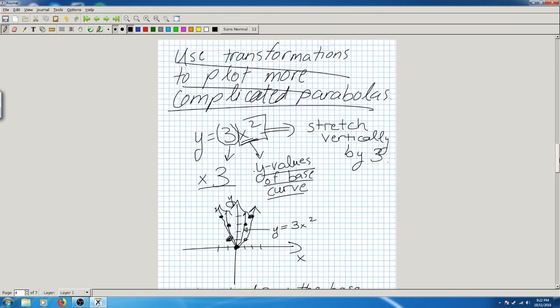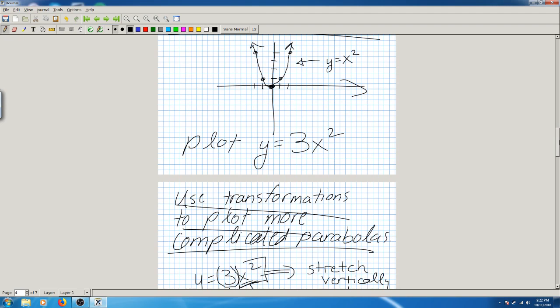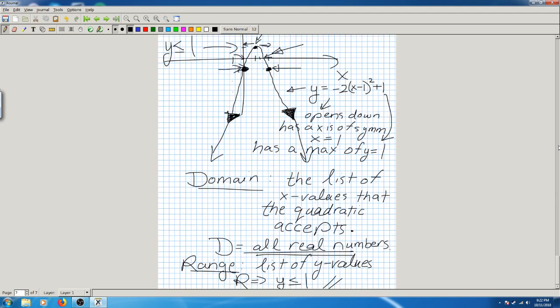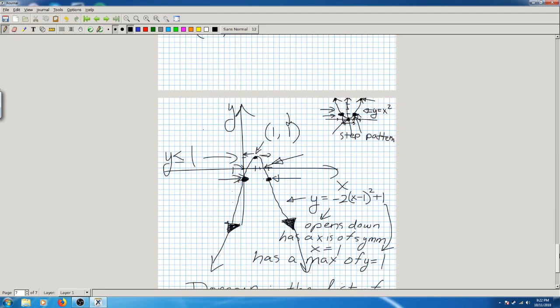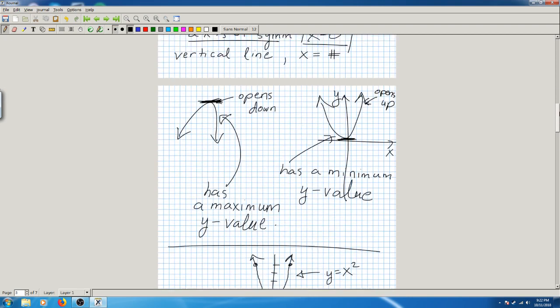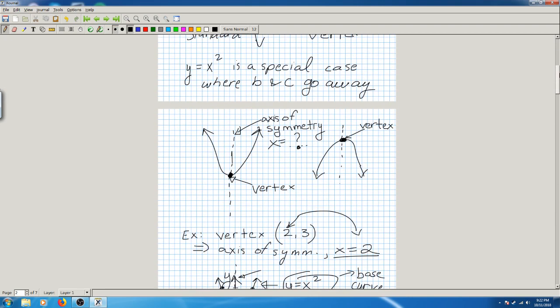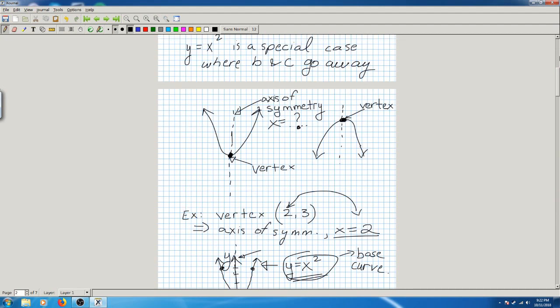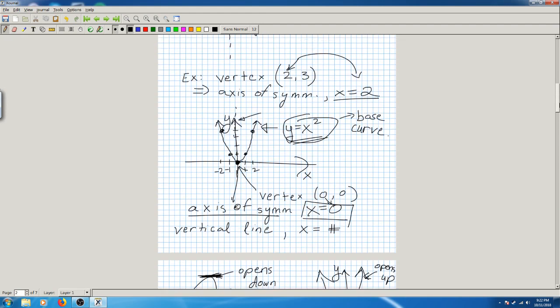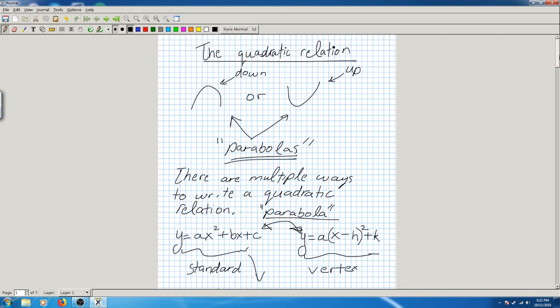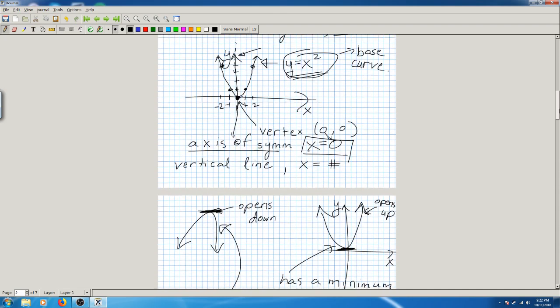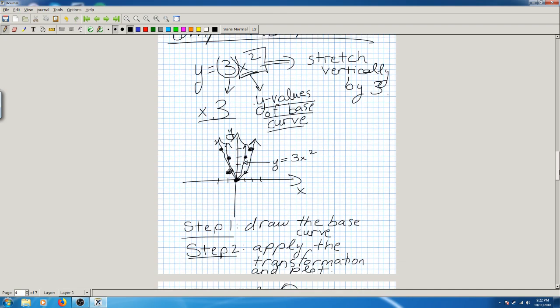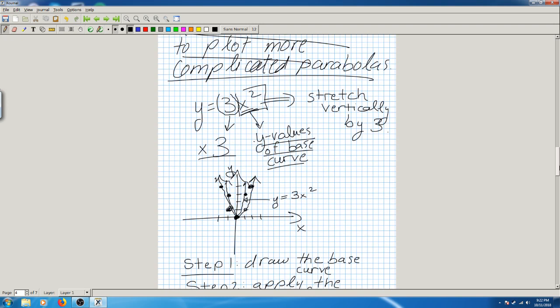And that basically is an intro to quadratic relations. And it covers standard form. It covers the vertex, the axis of symmetry, maximum or minimum, directions of opening, the notion of a parabola, base curves, transformations.